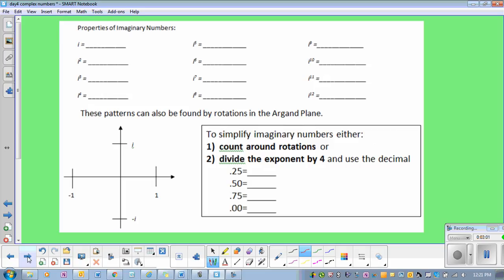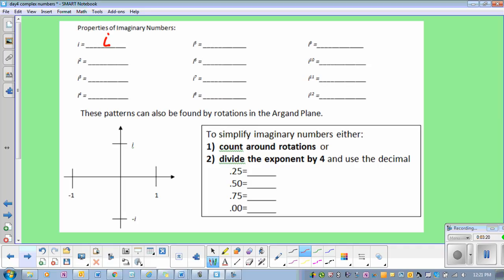All right, hold on to that thought. So, imaginary numbers. If you have just a plain old i, it's just a plain old i, right? i squared, i times i, i to the second.